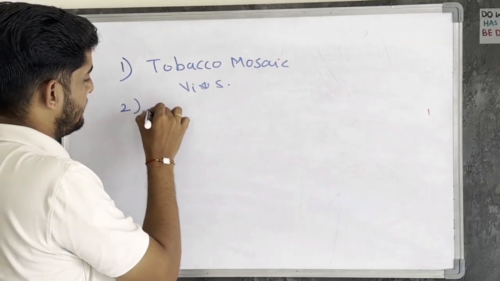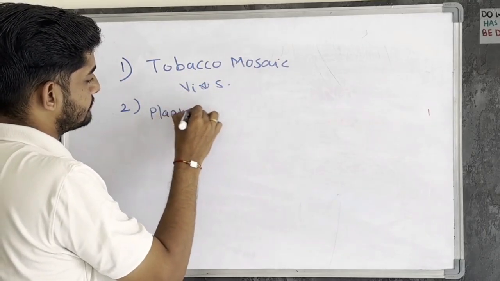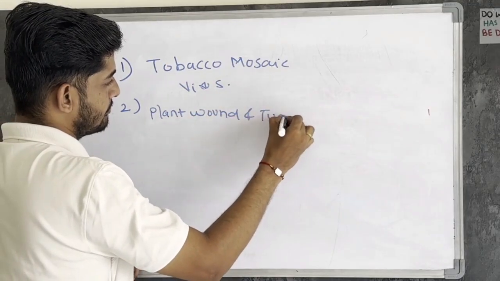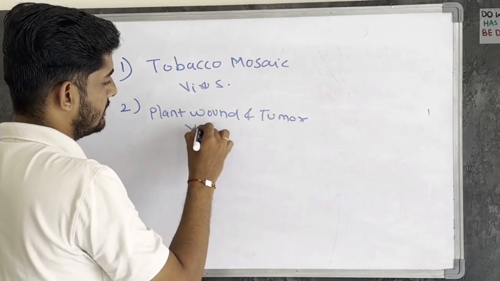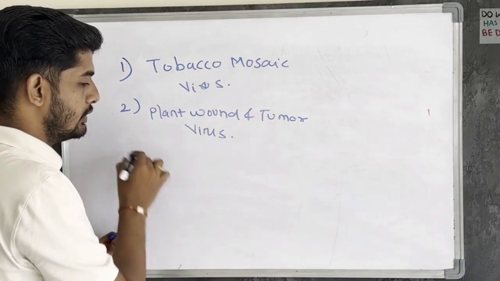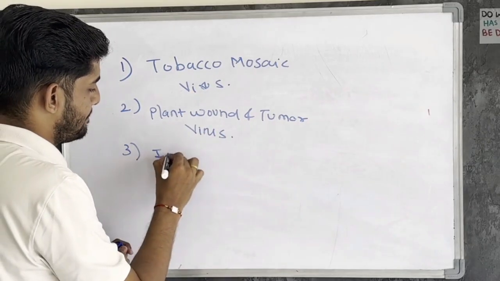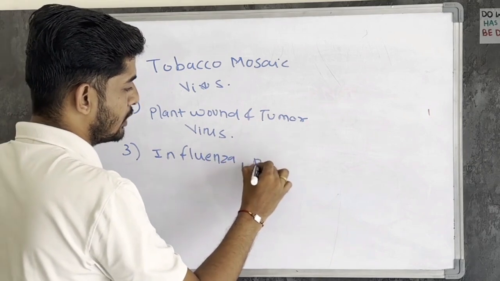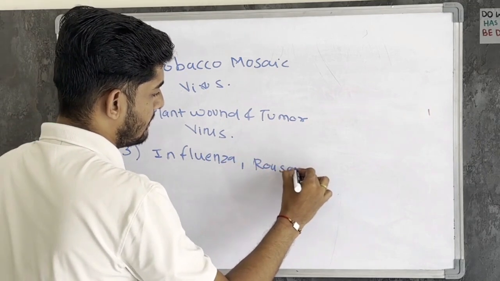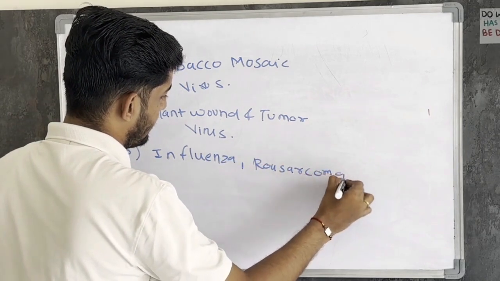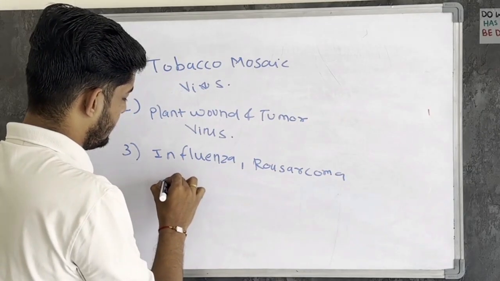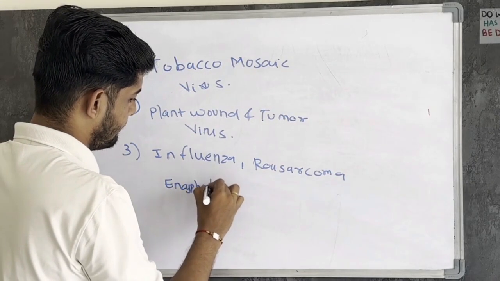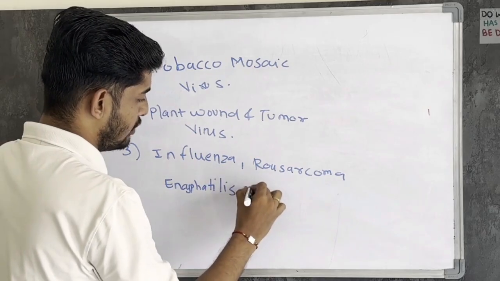After that, plant wound and tumor virus. Now the viruses such as influenza, Rous sarcoma, encephalitis, and reovirus.